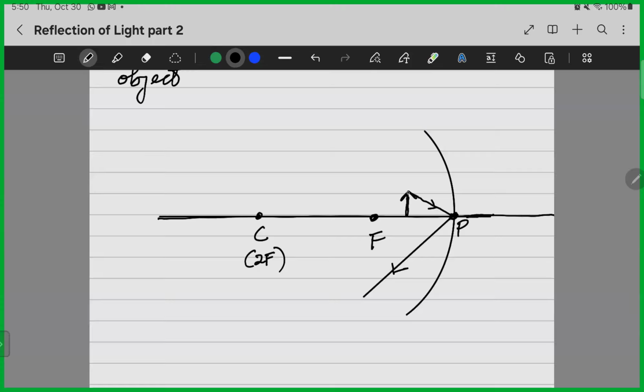Then when I run this other one up like this, it goes and now returns and bounces. Let me draw this one. So this one has to be parallel to that one. So this one is going like this.